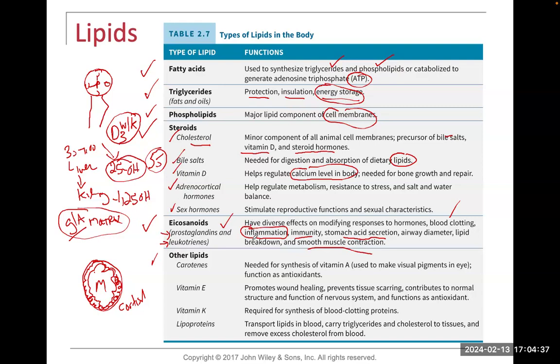But if you're in pain, if you have inflammation and you take a painkiller, if you take an ibuprofen or an aspirin, these are prostaglandin blockers. So inflammation goes away, but so does the ability to secrete stomach acid. Then that decreases. And then so does your ability to produce a fever.